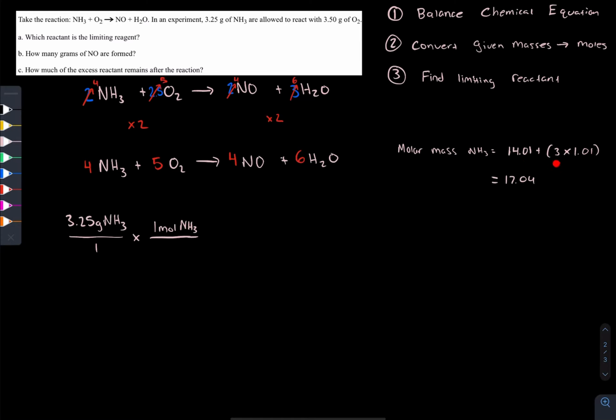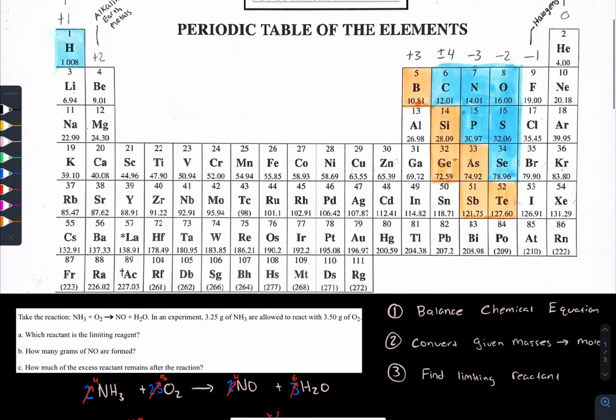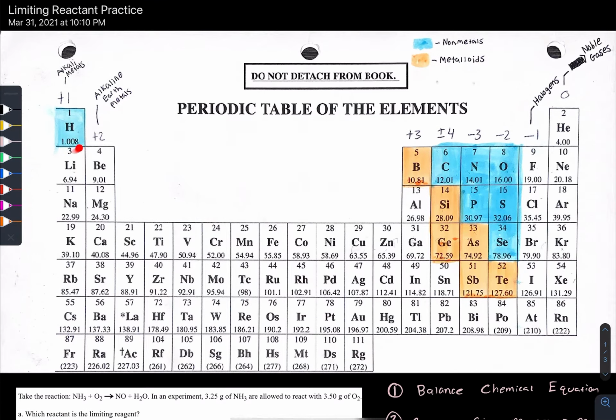And we have 3 hydrogens in the NH3, so we're going to get 3 times 1.01 because the molar mass of hydrogen is 1.01, and we have 3 of them. You would do 3 times 1.01 and you get 17.04. You can find these numbers on your equation sheet. We have hydrogen up here and we have nitrogen right here.